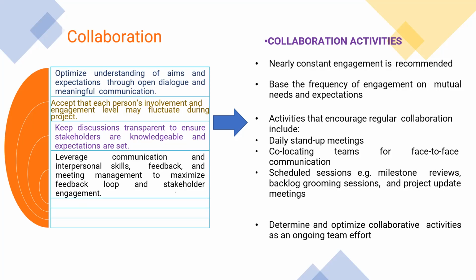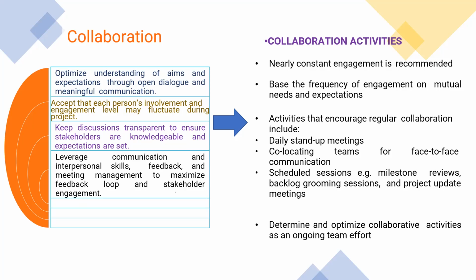Leverage communication and interpersonal skills, feedback, and meeting management to maximize feedback loops and stakeholder engagement. I think the last line engages everything that we've touched on. Communication, interpersonal skills, feedback, meeting management to maximize feedback loops and what? Stakeholder engagement. Put all this together and get the best out of them.